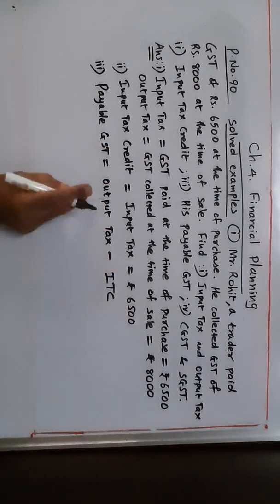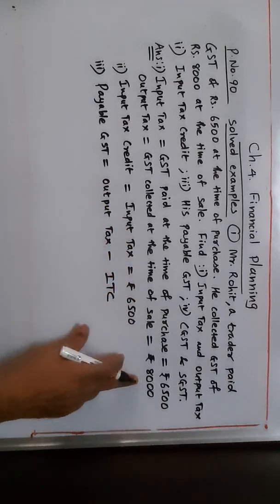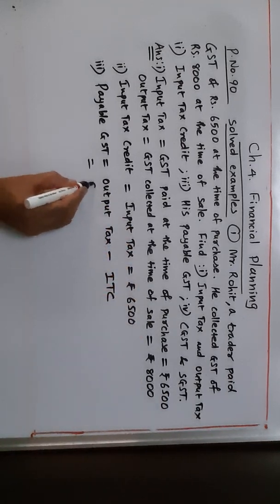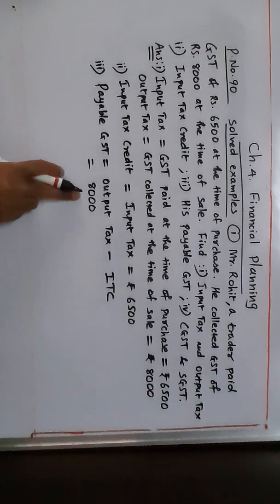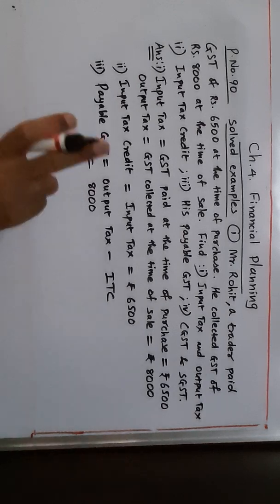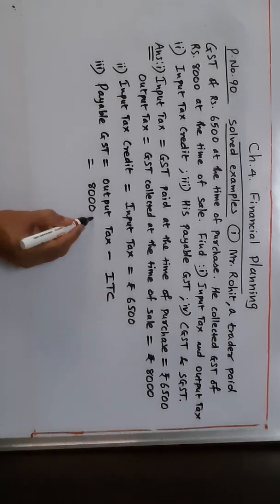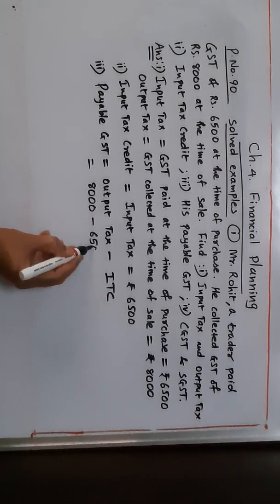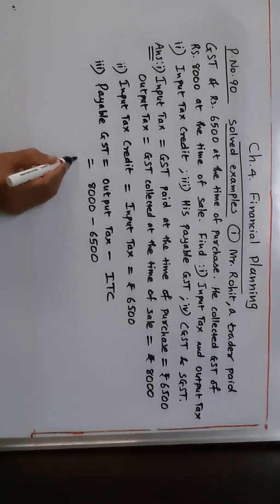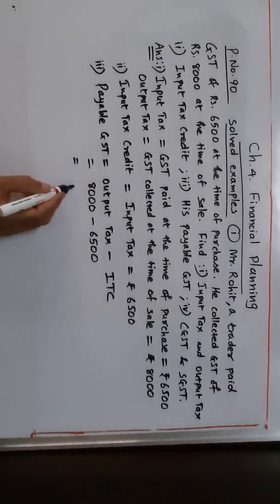From the output tax, he collected 8,000 from the customer. He will not pay 8,000 to the government because he has already paid 6,500 earlier. So he will subtract his tax paid, 6,500. Whatever difference you get is the GST payable.